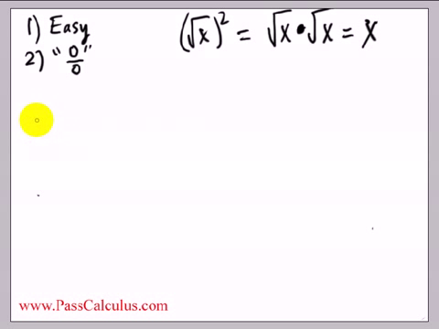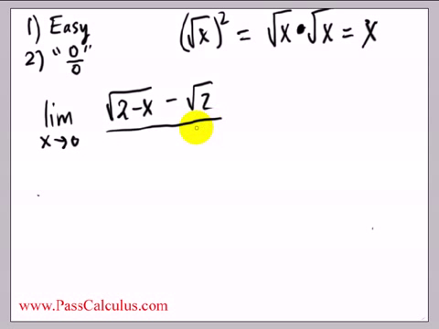And let's try one of the kinds where we have to rationalize. Let's do a little harder one: the limit as x goes to 0 of the root of 2 minus x, minus root 2, all over x.